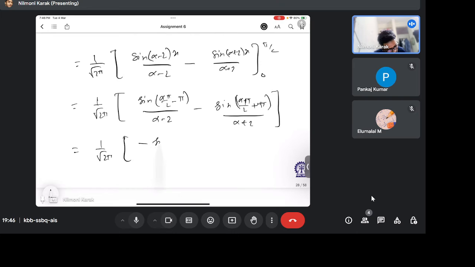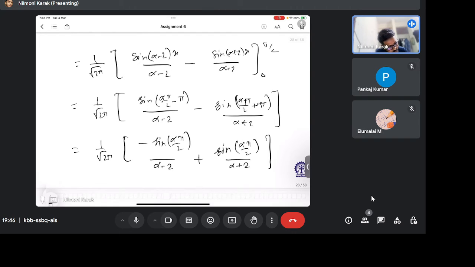So minus sine alpha pi by 2 over alpha minus 2, and here sine of x plus pi is also minus sine x. So this is sine x cos pi, so minus, minus plus, okay. Sine alpha pi by 2 divided by alpha plus 2.